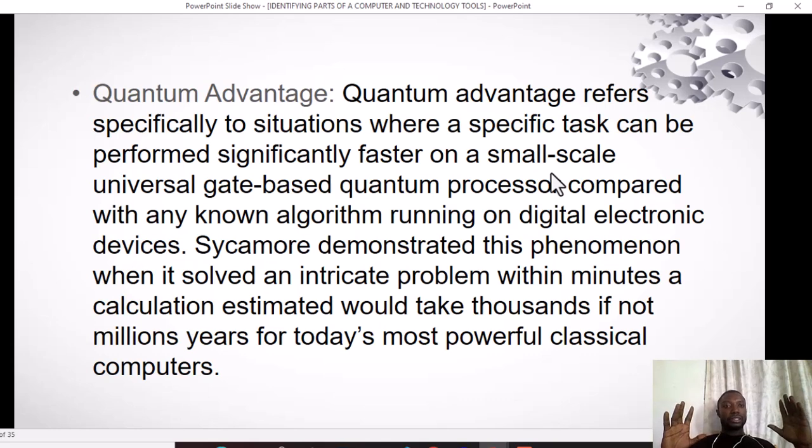Compared to that, the quantum advantage can solve application problems which supercomputers would take days, months, or millions of years to solve. With Google quantum, we can solve such questions in minutes.